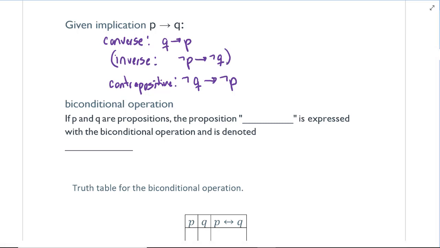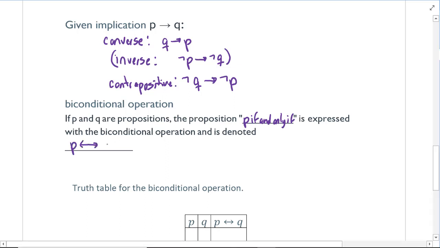The biconditional operation is hopefully not too surprising. It says that if P and Q are propositions, the proposition P if and only if Q is expressed with the biconditional operation and is denoted as follows.